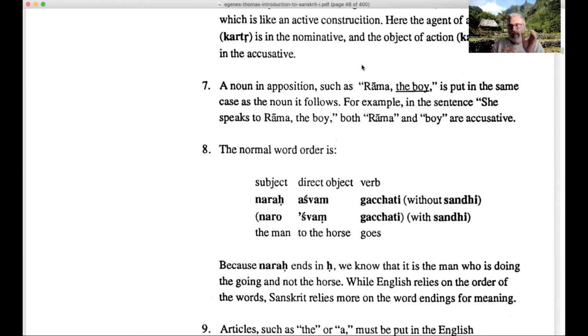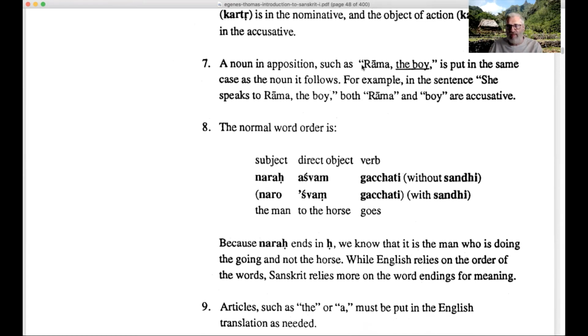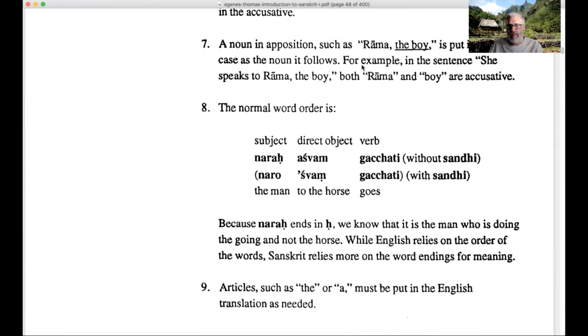There's Rama who is a king. We could say kingly Rama, or boyish Rama. We just say Rama king, Rama boy, and put them in the same case, and they act as nouns in apposition.